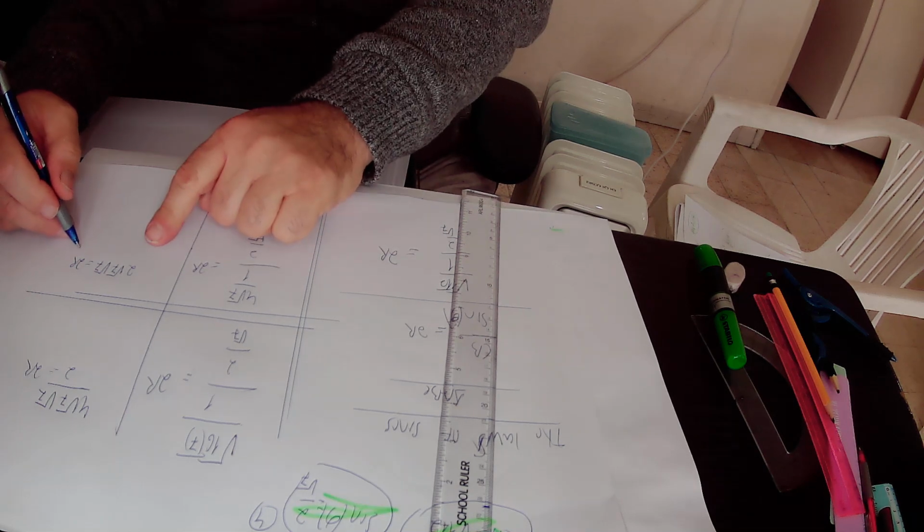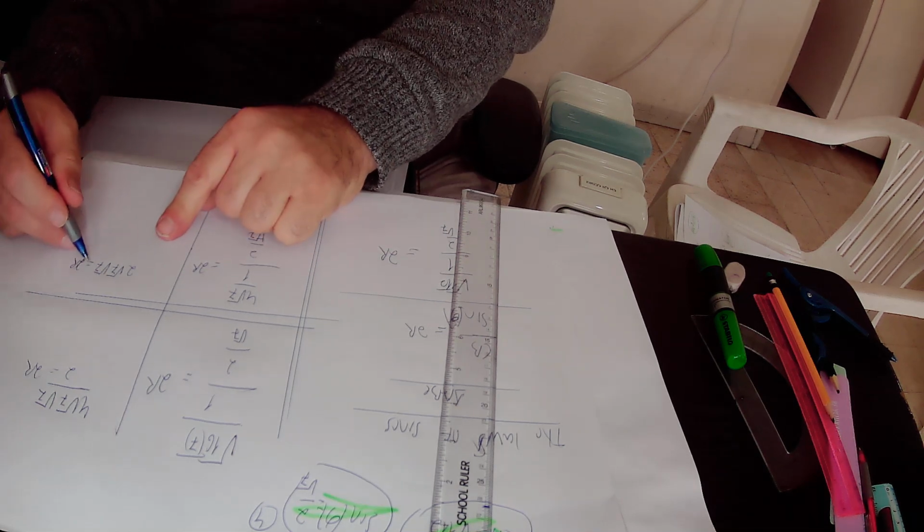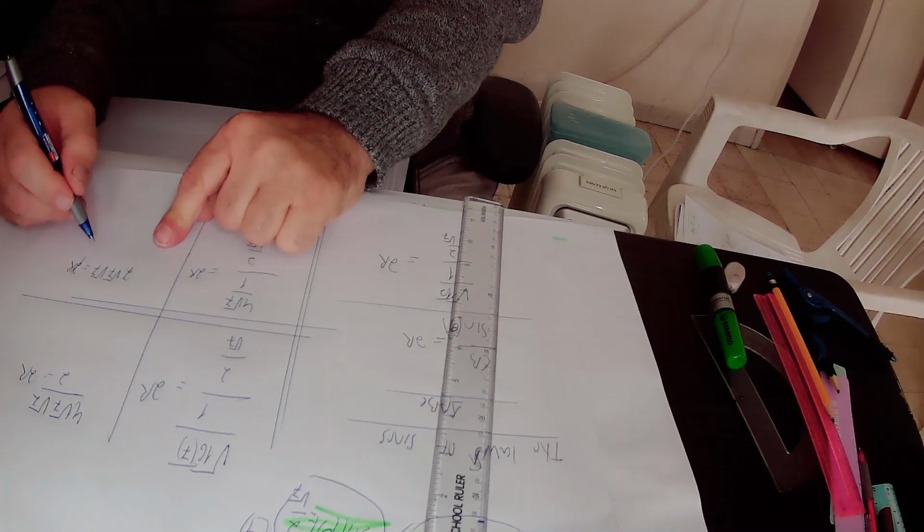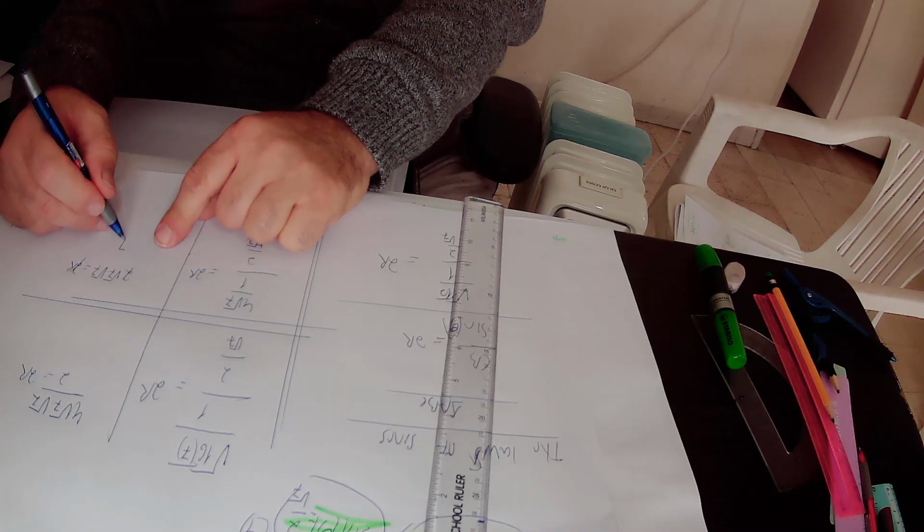Here we have 2 on both sides of this equation, so 2 will get cancelled. And we are left only with the square root of 7 times the square root of 7, which is 7, equals R.